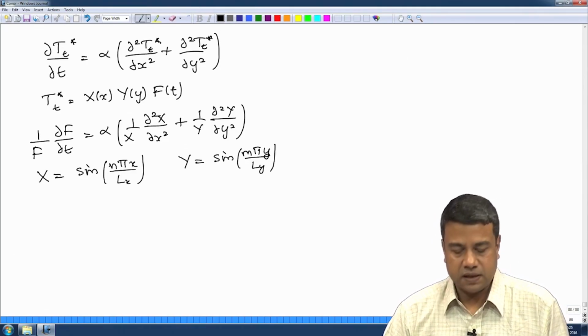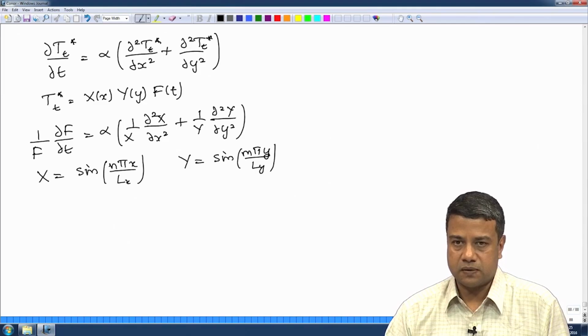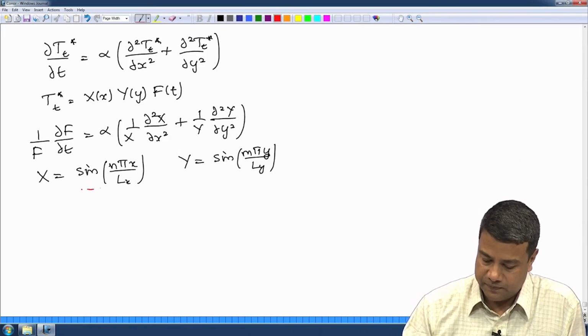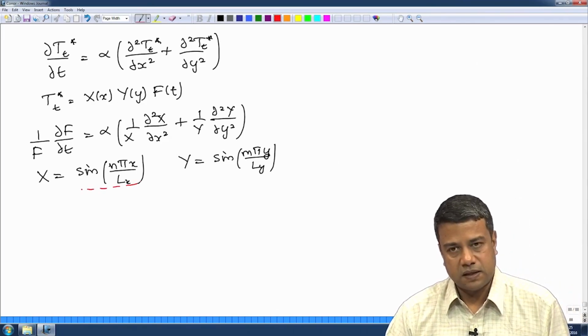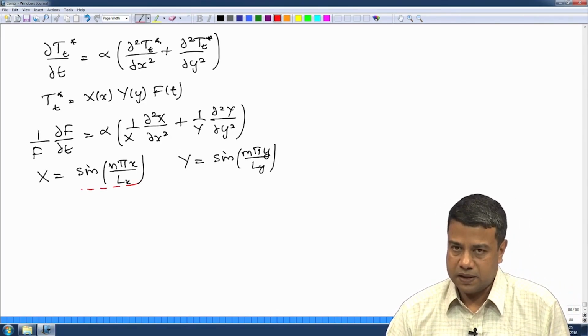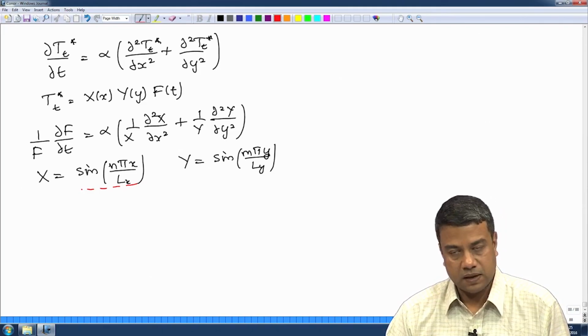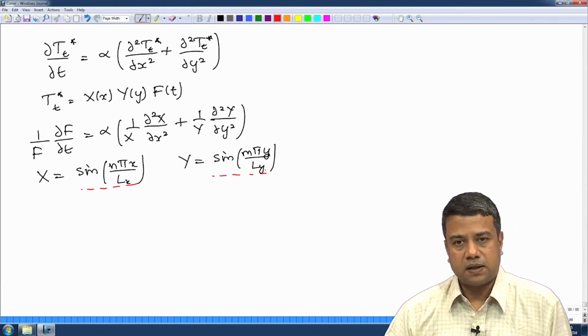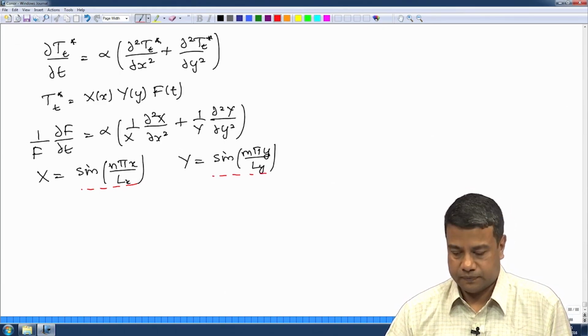In the x direction, the solution has to go to 0 at x is equal to 0 and x is equal to Lx. That will happen only if the solution is of this form and n is an integer. Similarly, in the y direction, it has to go to 0 at y is equal to 0 and y is equal to Ly, and that will happen only if it is of this form.